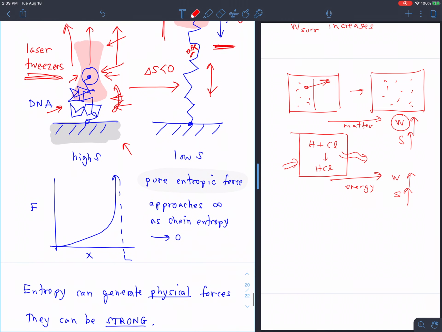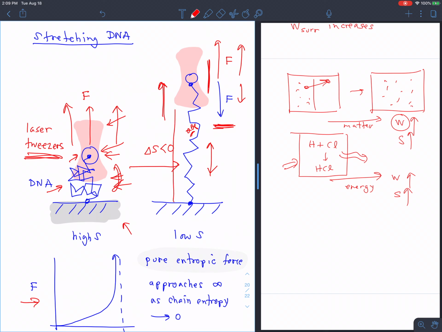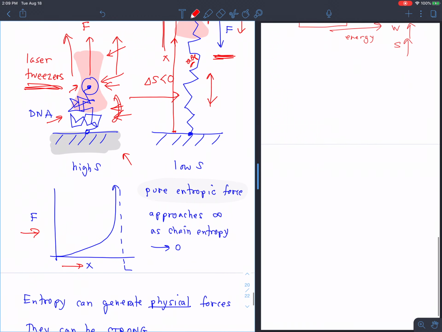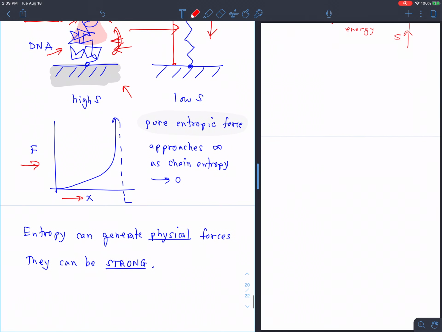You can plot how much force the DNA is exerting on your trap, is resisting your trap, versus the length or distance that you stretch things out. X is how far is the distance between the ground here and the position of the trap. So as you increase the distance, as you're pulling things out, you can measure how much force the DNA is generating, and it turns out it doesn't quite go to infinity, and all kinds of funny things happen up here, in fact, but it goes very high.